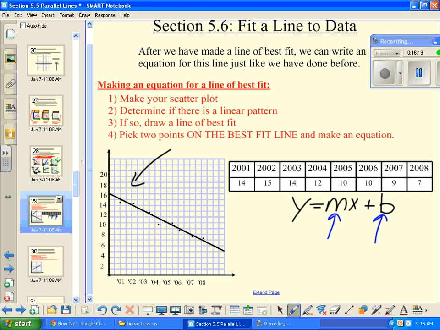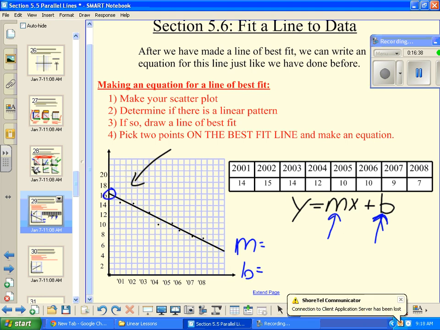Well, as I'll tell students, as we worked on in the past here, remember, if you have the graph of a line, one of the things you can pick out right away is the y-intercept, the b. Usually I try to find m and b when I'm making an equation in slope-intercept form. Again, the b should be a nice one you can find because it should be right where the line connects with the y-axis.